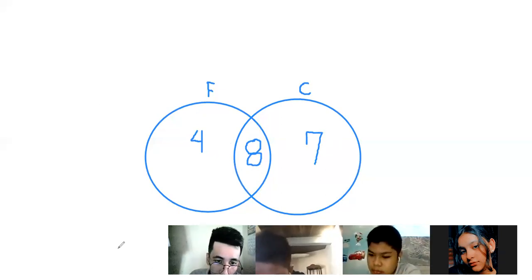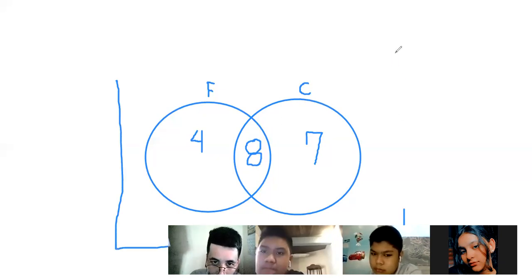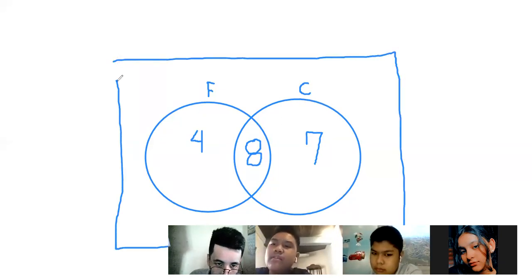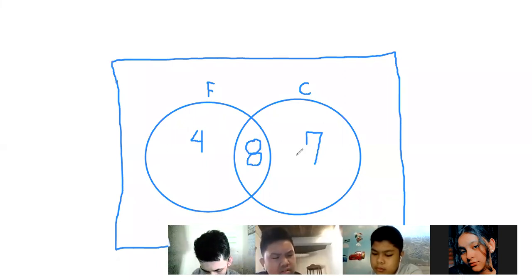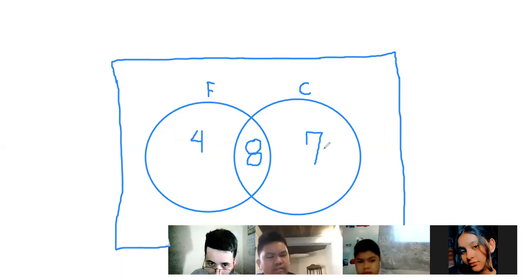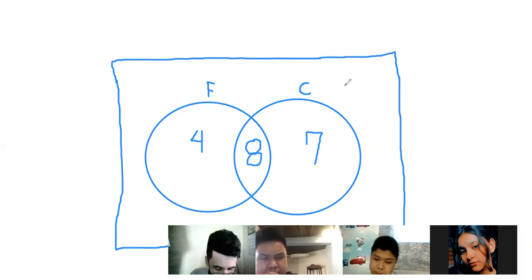Overall, how many students are in the two sets? 19. So, 19 students.